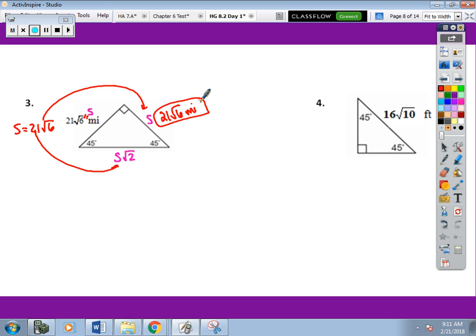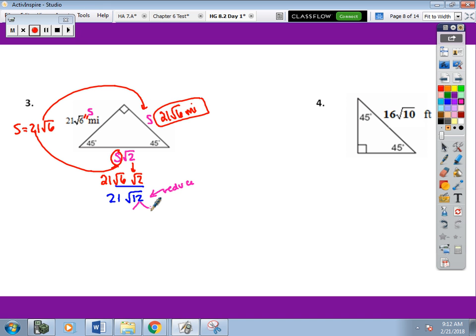Now the hypotenuse, be careful, you're plugging that in for the value of S. So this would be 21 root 6, and then we have to bring down that times the square root of 2. When you're multiplying, you would multiply those square roots together to get 21 root 12. And then we have to reduce the square root of 12 into what?